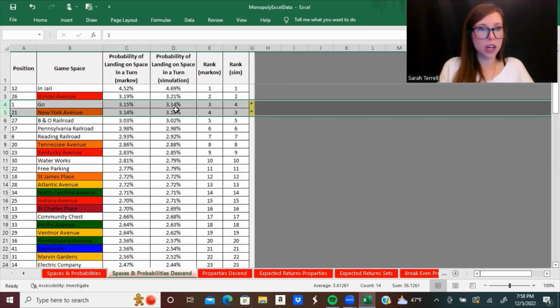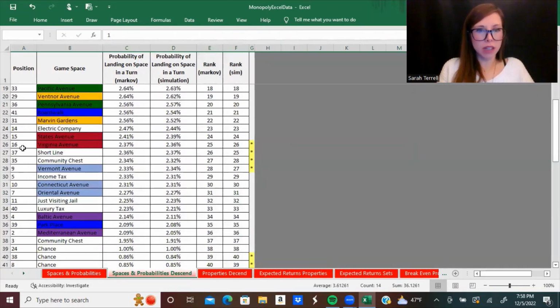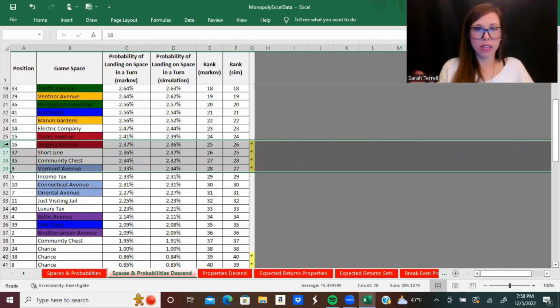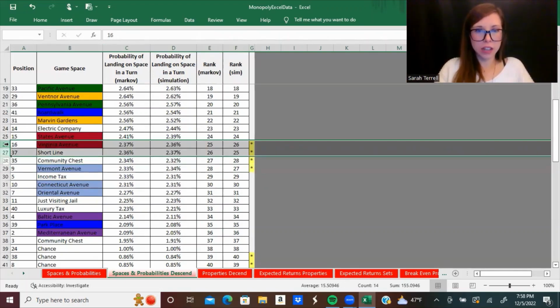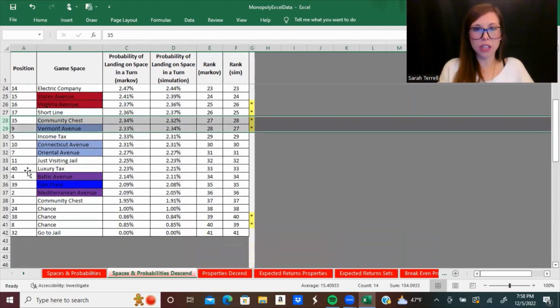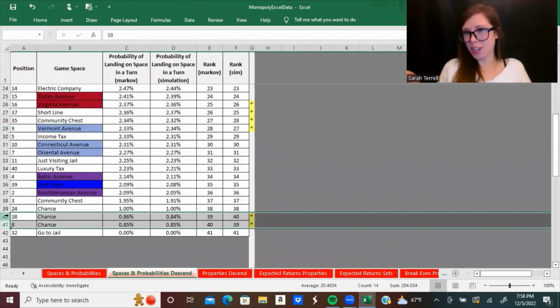We can see that Go and New York Avenue would be flipped in the simulation. Also down here, there are a couple of spots that would be flipped. For instance, these two spots would be flipped between the Markov and the simulation. These two spots also would be flipped. And then finally, these two Chance spaces down here would also be flipped between the two.